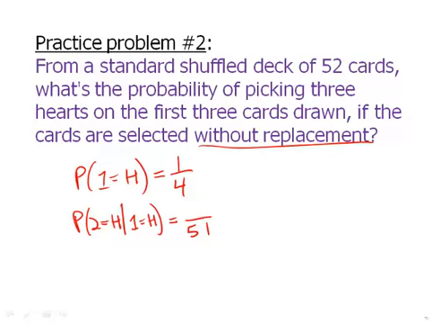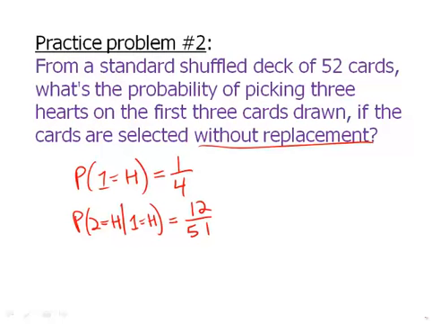So now we're only left with 12 hearts. So 12 of those 51 cards are hearts. That's a probability of 12 over 51. Notice it's a different probability from the first one because we're selecting without replacement. These probabilities are not independent, and what happens on the first outcome changes the probability on the second outcome.